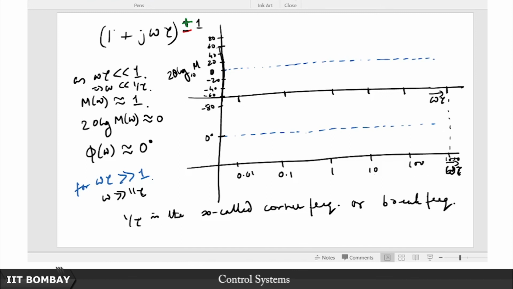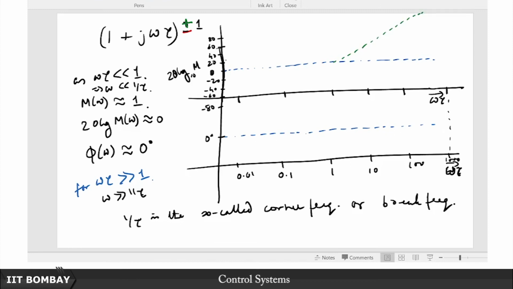So, now notice that as omega tau is equal to 1, or rather omega tau is much greater than 1, this is another asymptote which looks like this. So, this is going to be 20 dB here and 40 dB out here, okay, maybe this is not a very well drawn asymptote, I should erase this.